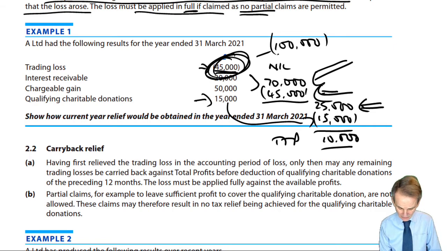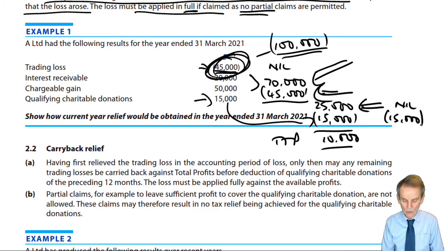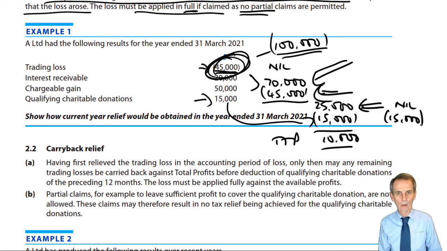You'd have to use 70 of that 100,000. That would therefore bring down your total profits to nil, which means your £15,000 worth of qualifying charitable donations would have nothing to go against. That means they would be wasted, they would be lost.